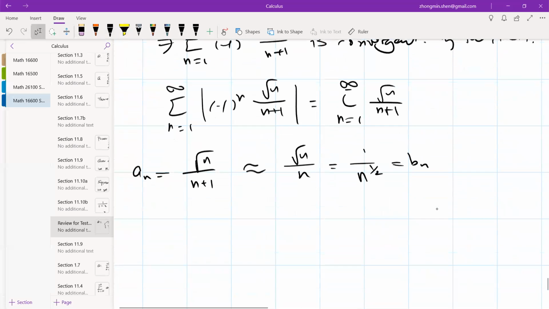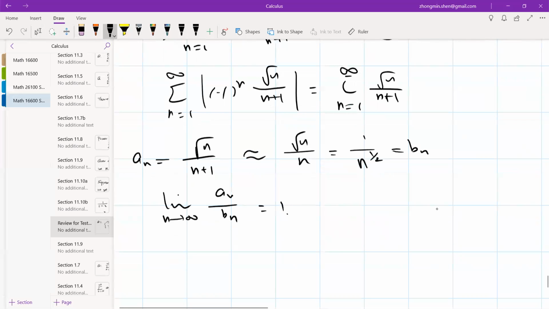So use the limit comparison test. You can prove that the limit is 1. If the limit is 1, then these two series have equivalent convergence. If one of them is divergent, then the other one is divergent.